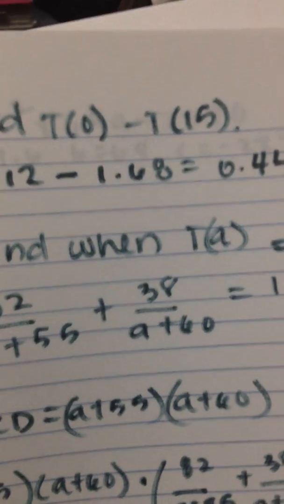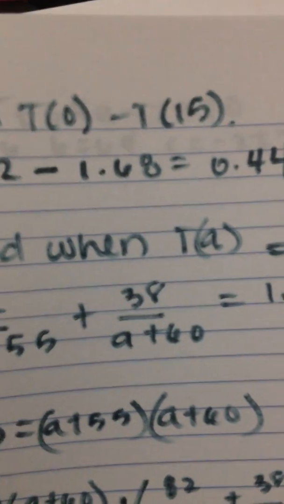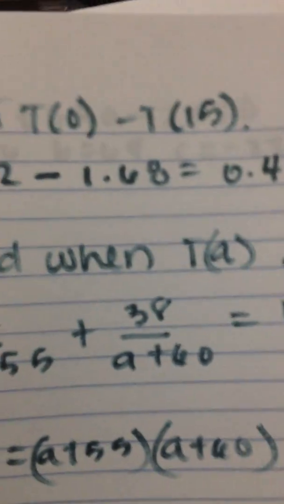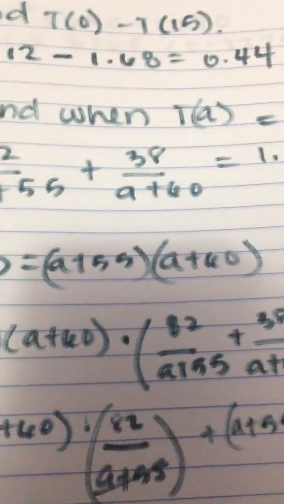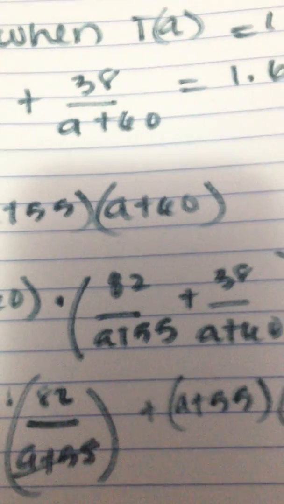Which means T of 0 minus T of 15 is a decrease in the amount of travel time if the student travels 15 miles per hour over the speed limit. So that's part C.